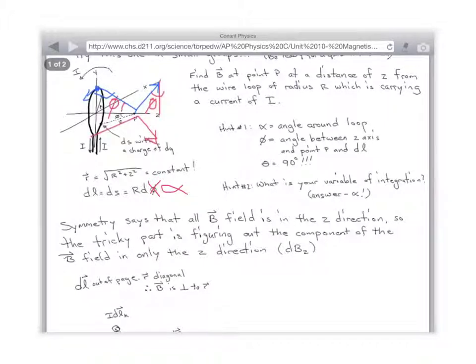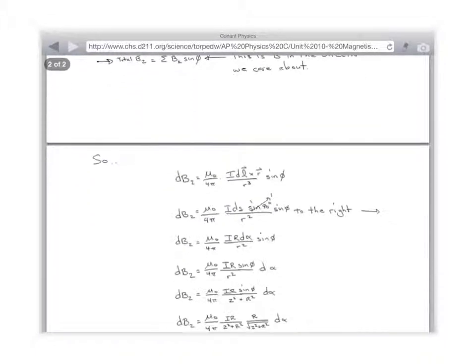So let me write that a little more clearly: dS is equal to R d alpha. So dl is equal to R d alpha. So anytime we see dl, we can replace it with R d alpha.